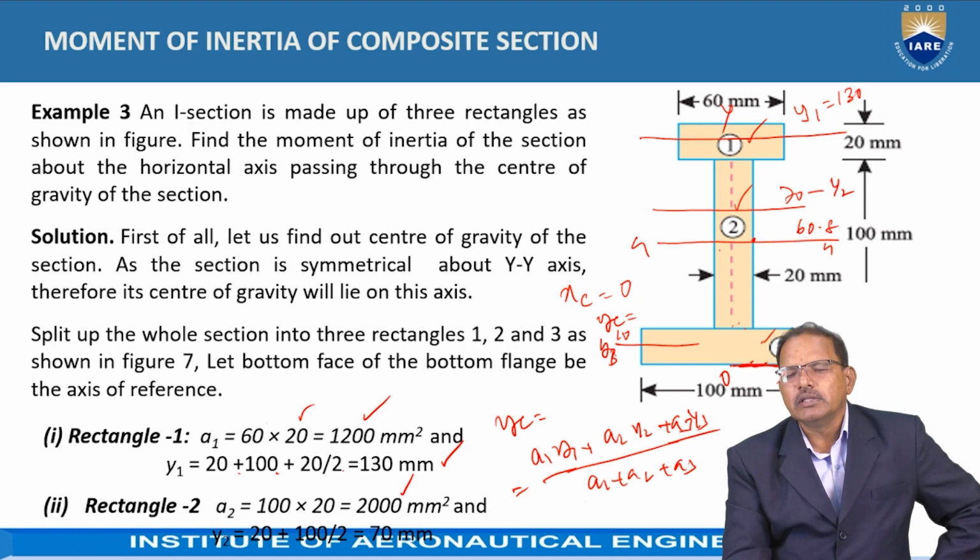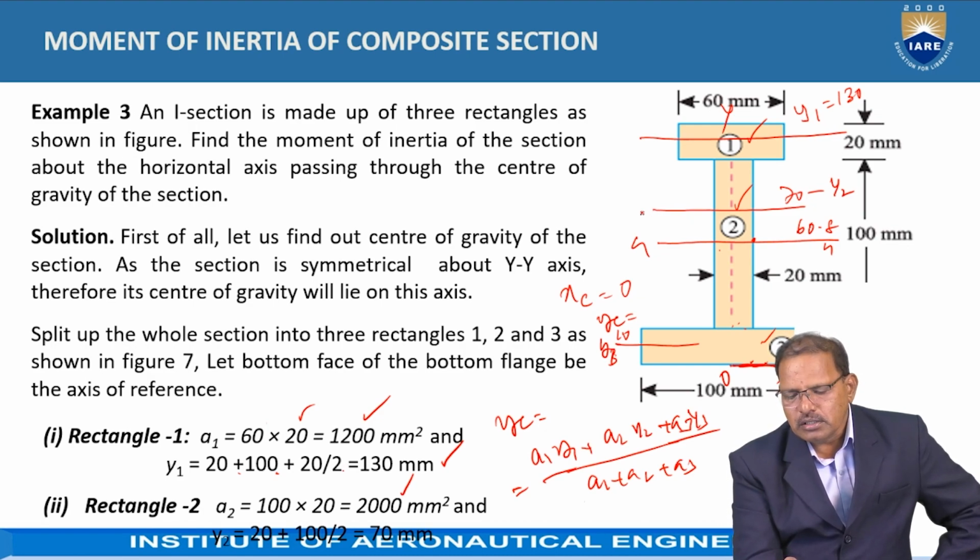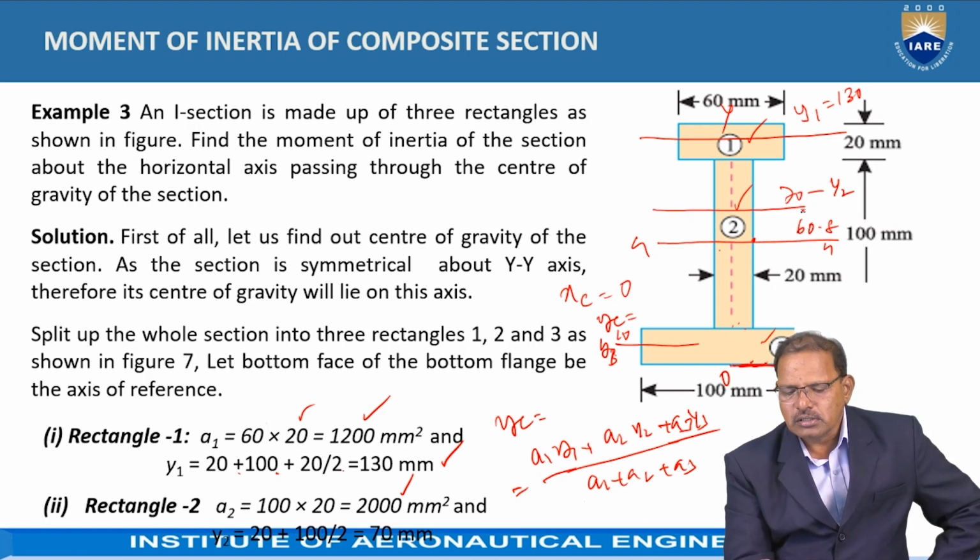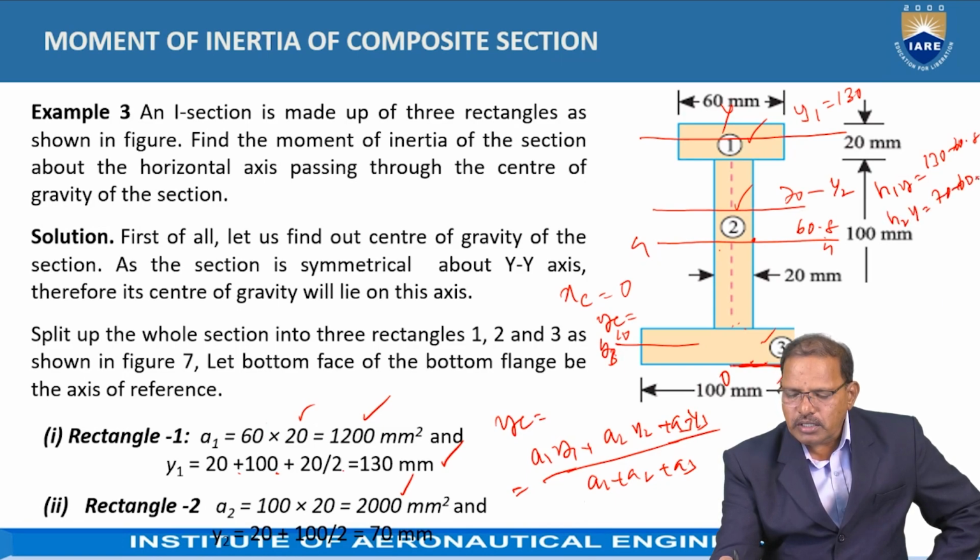So the distance between the center of gravity of the composite section and the first one, h1y, is equal to the difference of 130 minus 60.8. Similarly, h2y, for the second one, is 70 minus 60.8. h3y is equal to 60.8 minus 10.